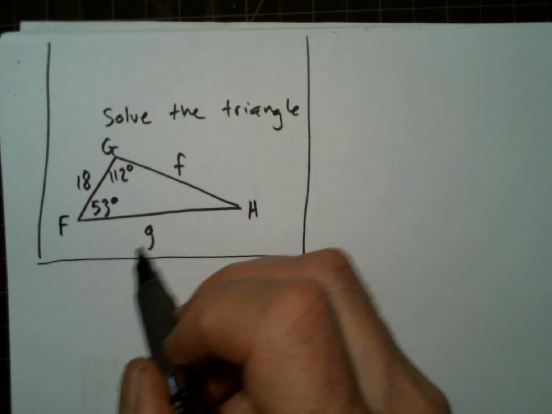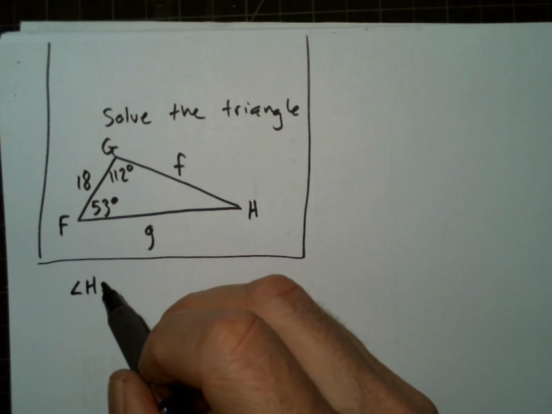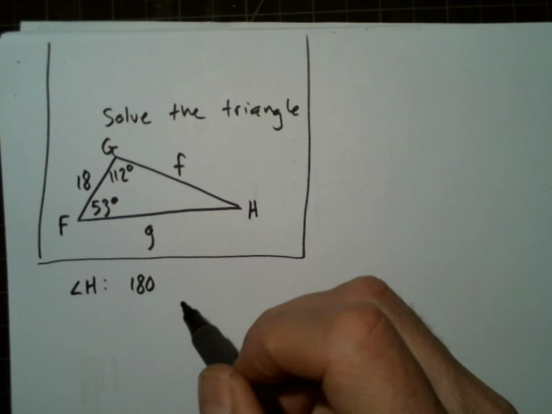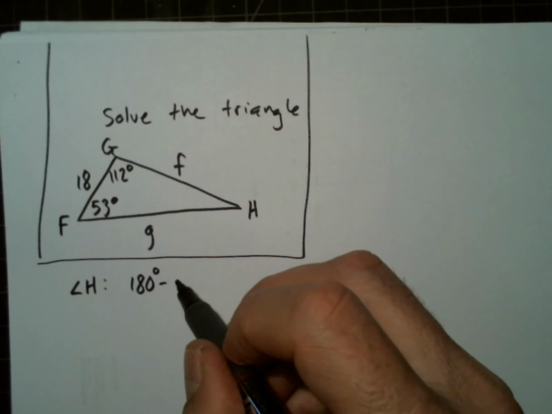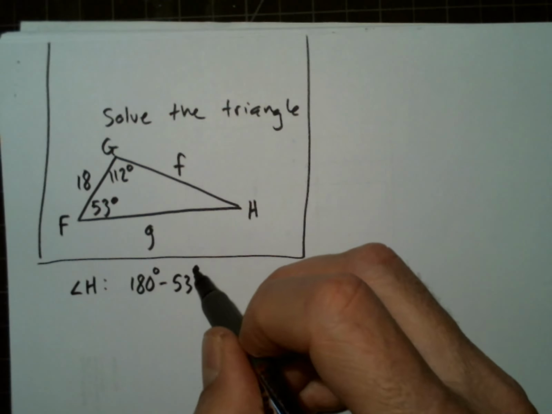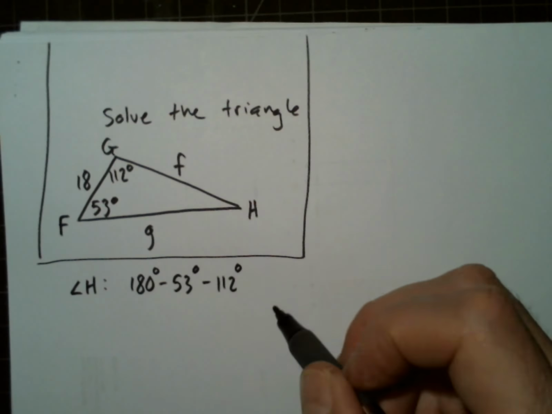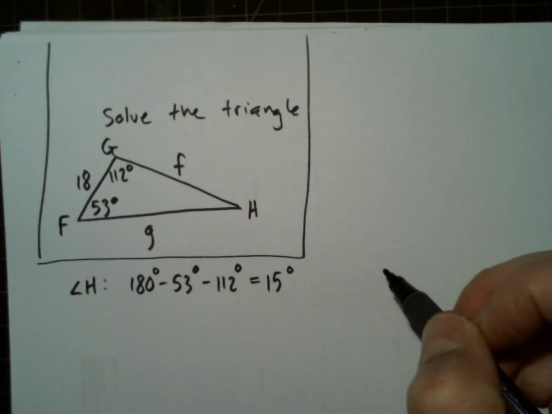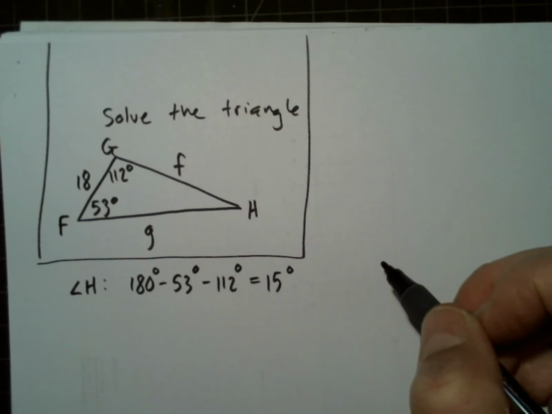So let's find angle H first, because it's easy to find. We'll just subtract the 53 and the 112, and we know that the angle H is 15 degrees.